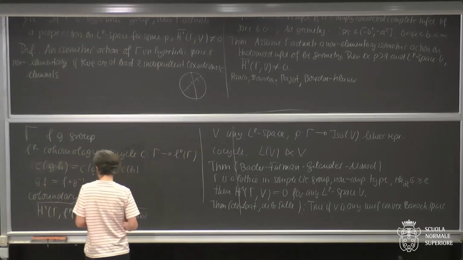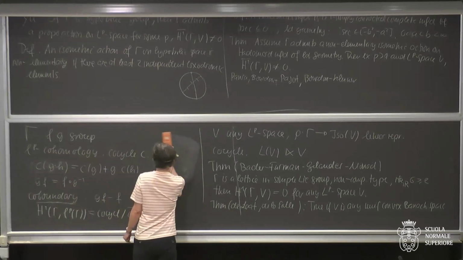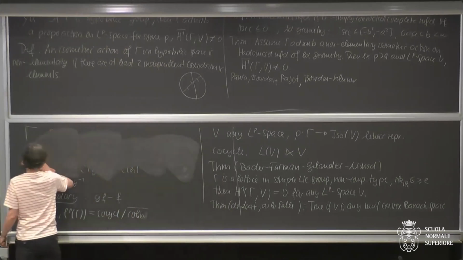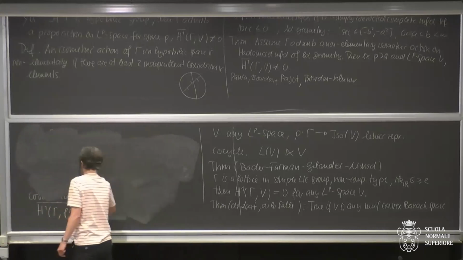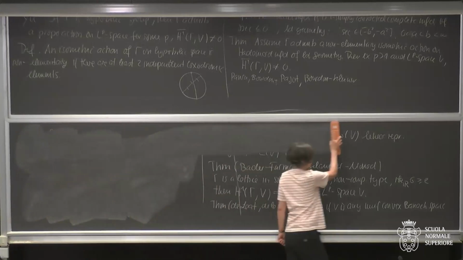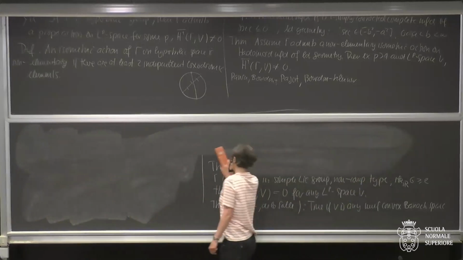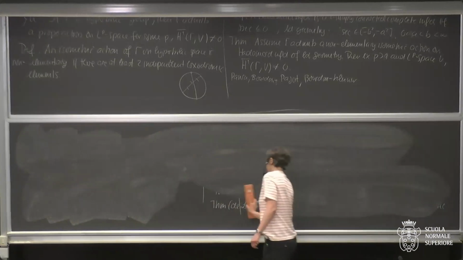And what they do is they try to understand what the structure of the boundary of the hyperbolic space is going to be, and use it to understand properties of the group action. And this is exactly what I'm trying to do here. So let me make the relevant definition.